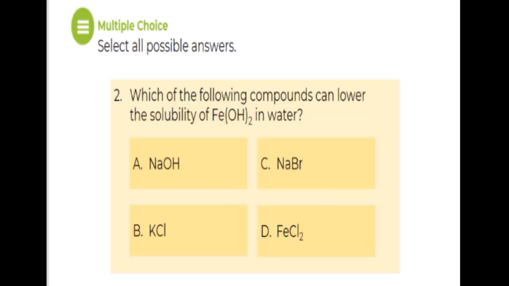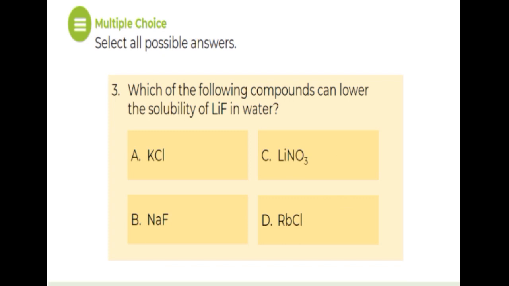Number 2. Which of the following compounds can lower the solubility of Fe(OH)2 in water? A, B, C, or D? Number 3. Which of the following compounds can lower the solubility of LiF in water?